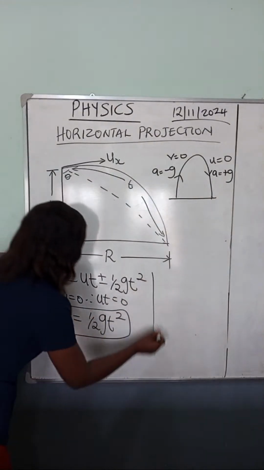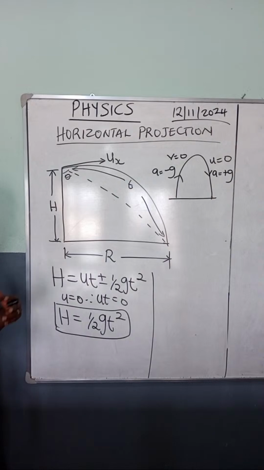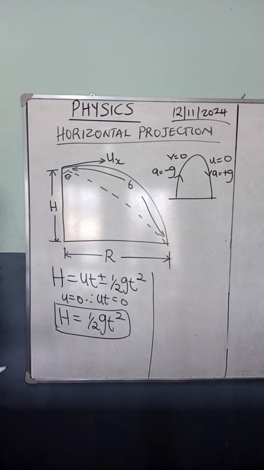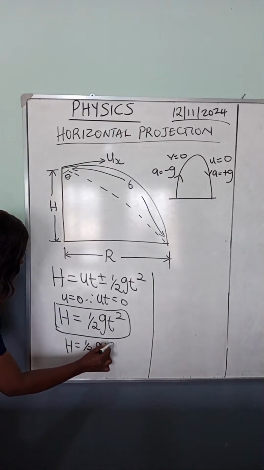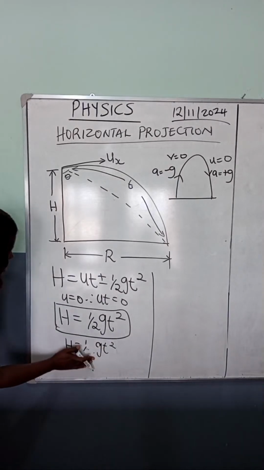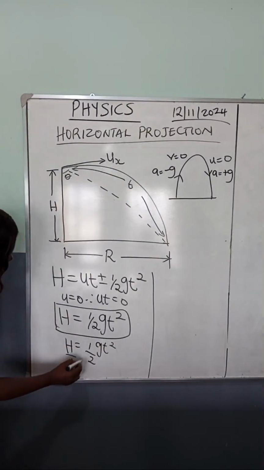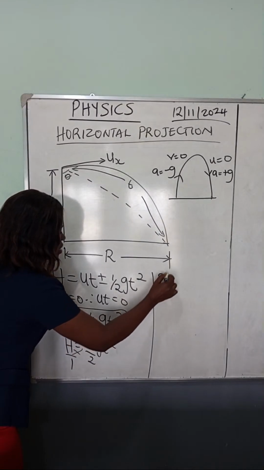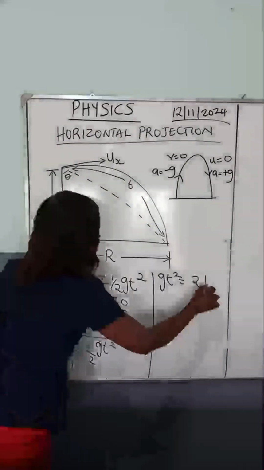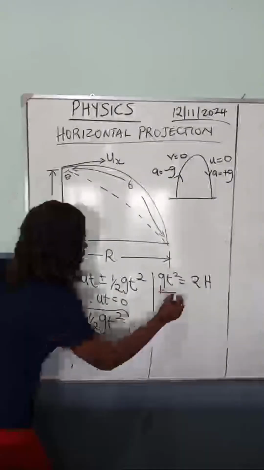Now the next thing, you can also find your time here by making t the subject. I'm going to say h is equal to half gt squared. This half is the same thing as 1 over 2, right? Yes. And I say this is over 1, cross multiply. That means 2h by g.